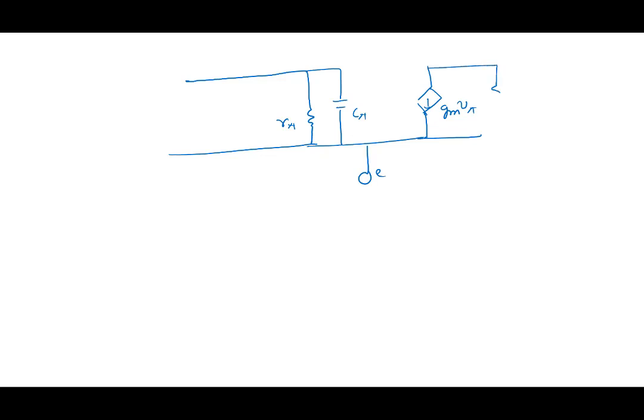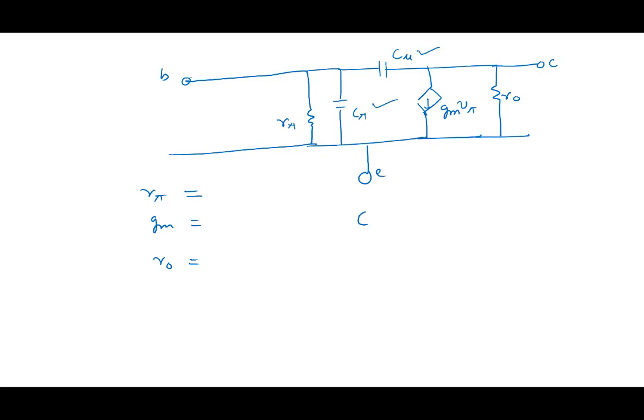We're going to add a resistor here, R0, and we're going to add a capacitor here, C mu. This becomes the collector, this becomes the emitter, and this becomes the base terminal here, right? We know how to calculate R pi, we know how to calculate gm, we know how to calculate R0, right? Now we need to know how to calculate C mu and C pi.